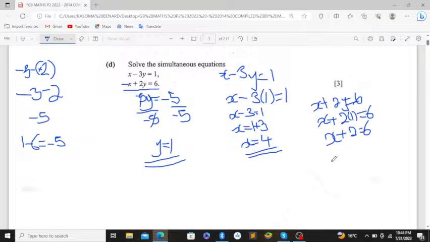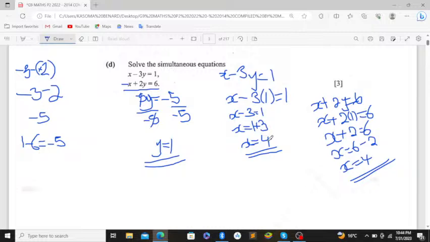Then we put like terms together. That means x is equal to 6, and the plus 2 is going to cross the equal sign and become minus 2. Then we have x is equal to 6 minus 2, which will give us 4. So we have found the value of x to be 4, just like we did here. So basically that's what you need to do.